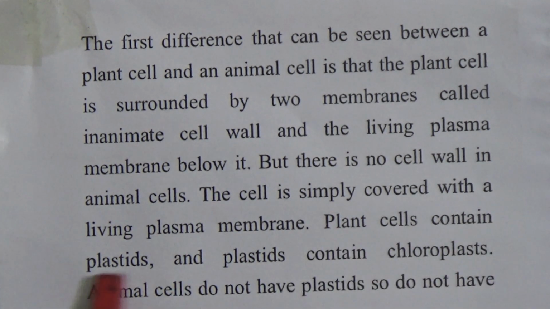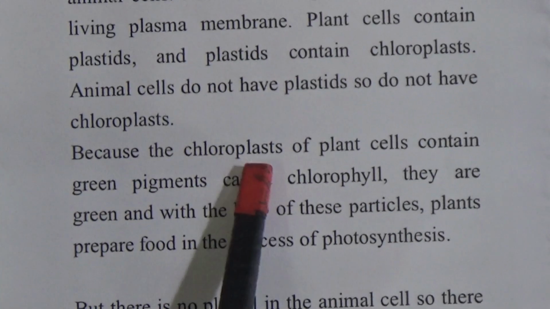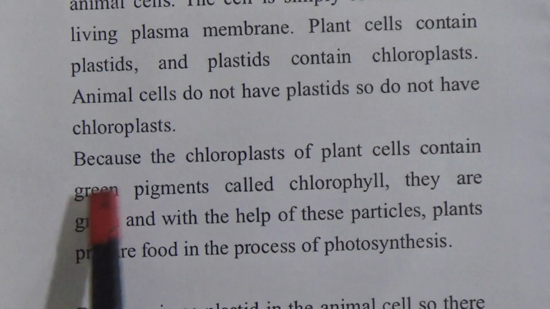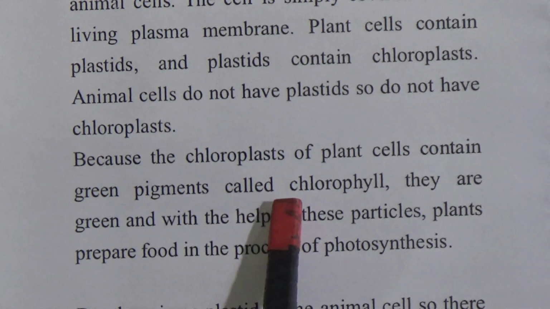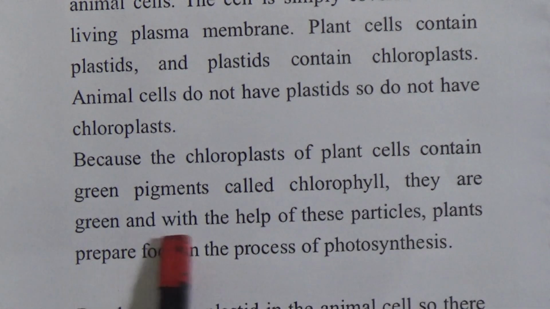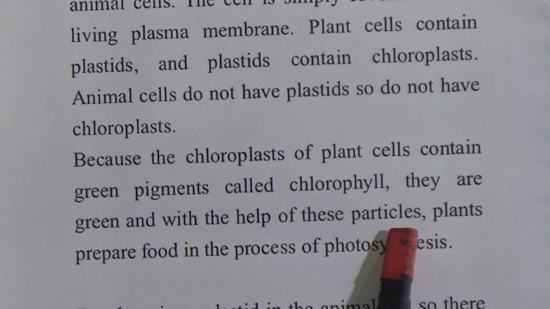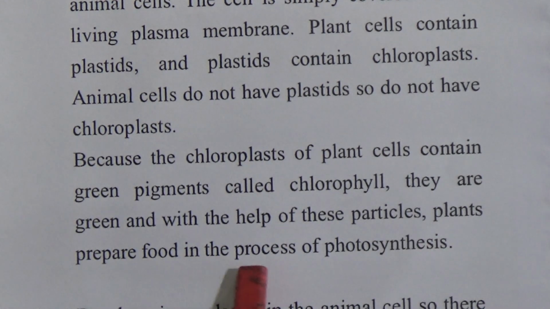Plant cells contain plastids and plastids contain chloroplast. Animal cells do not have plastids, so they do not have chloroplast. The chloroplast of a plant cell contains green pigments called chlorophyll, and with the help of these particles plants prepare food in the process of photosynthesis.